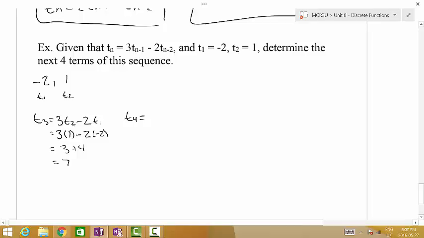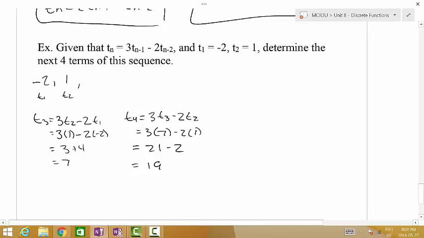T4 is equal to 3 times T3 minus 2 times T2, which equals 3 times 7 minus 2 times 1, which gives us 14 minus 2, or 12. Oh, sorry. That's not right. 3 times 7 is 21 minus 2, so that's 19.